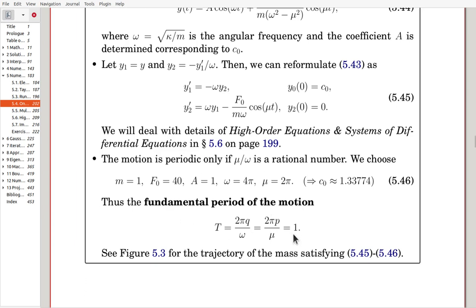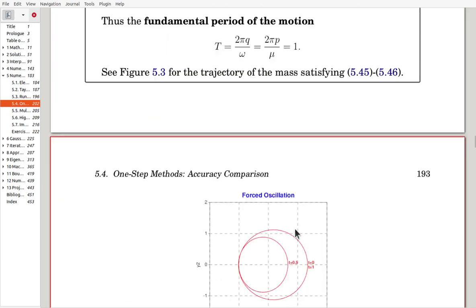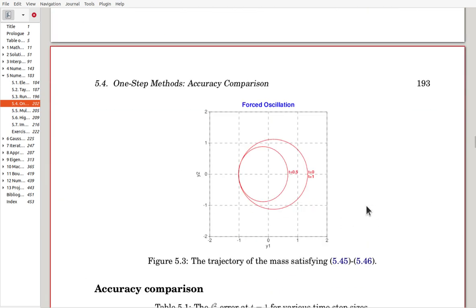That means the motion will go back to the original position after 2 rotations, so in 1 second it has to make 2 rotations and return to the original position. Here is the trajectory.